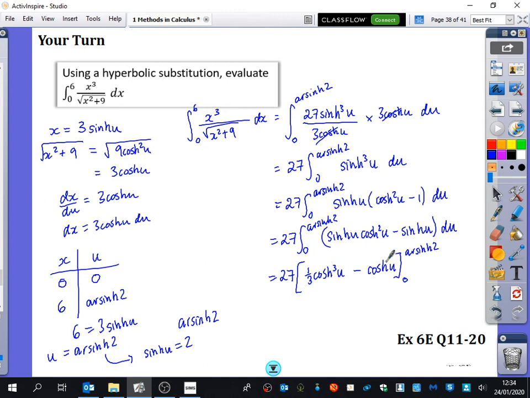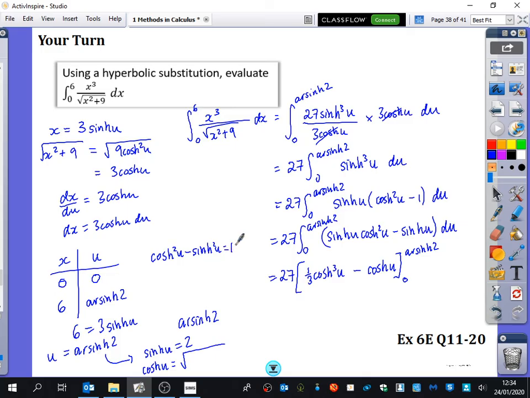We need to find out what cosh u is. What connects cosh and sinh? cosh squared u minus sinh squared u is equal to 1.